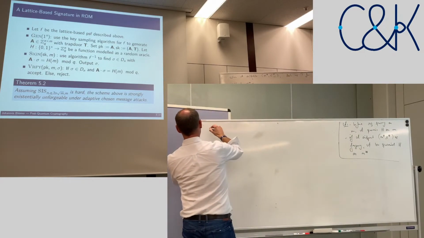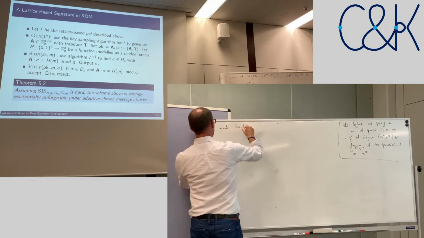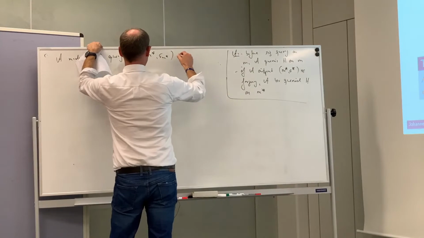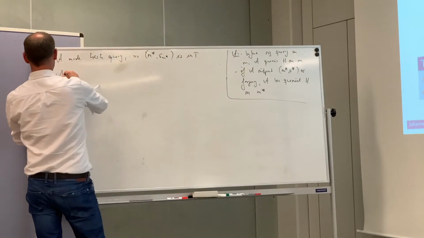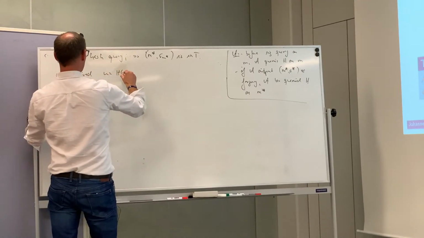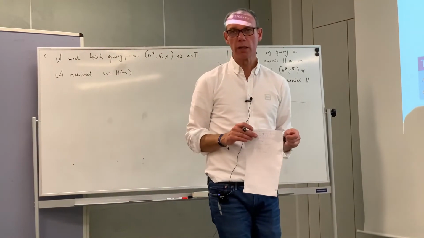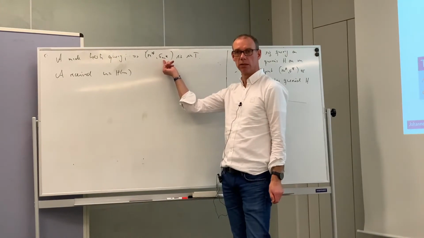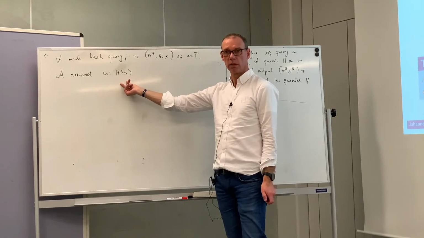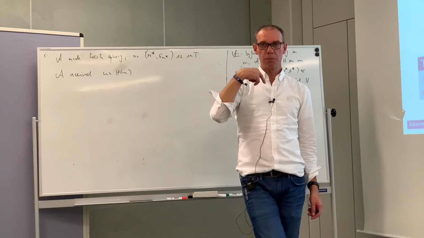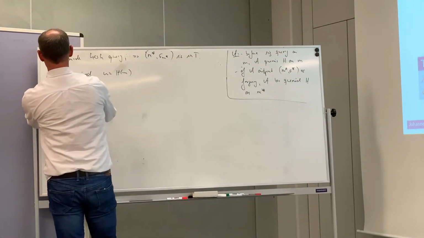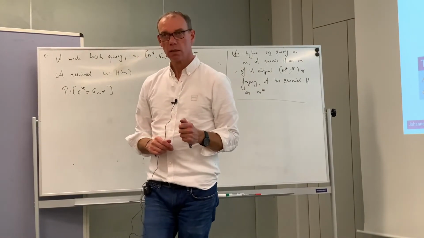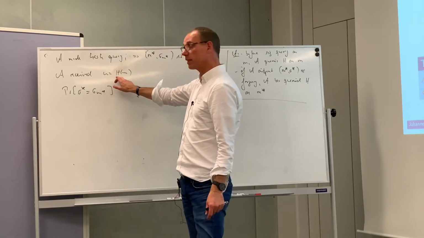A made a hash query, which implies that M star, sigma M star is in T. But A received only U, which is H of M. That's the only thing. So the view that A gets is statistically independent of sigma M star, up to this U. So the question is, what's the probability that sigma star is equal to sigma M star? Its view is independent of sigma M star, except for this U.